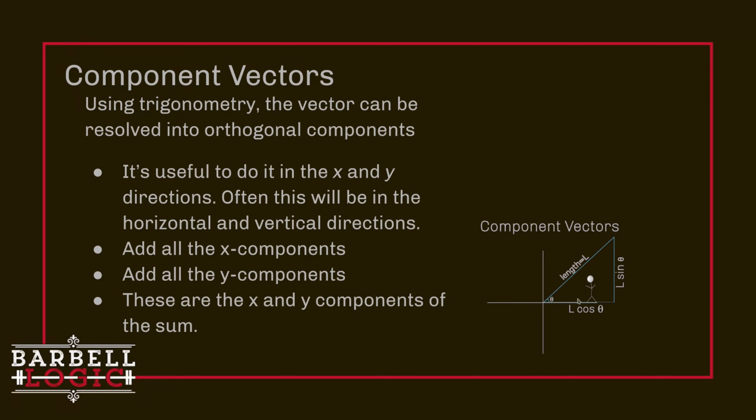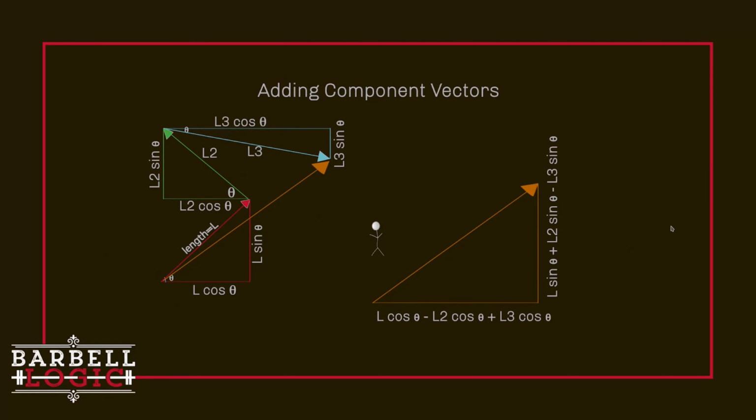It will be very, very low. It'll be almost nothing. If you can arch in the bench press and get that angle closer to 45 degrees, you get a whole lot more force in the y direction, which is what we want, which is why in the bench press you need to arch. So that was a little practical consideration of trigonometry.